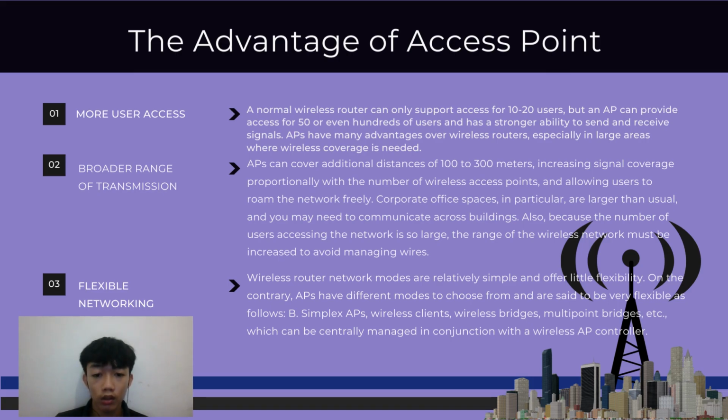Wireless router network modes are relatively simple and offer little flexibility. On the contrary, APs have different modes to choose from and are said to be very flexible, as follows: wireless client, wireless bridge, multi-point bridge, etc., which can be centrally managed in conjunction with a wireless AP controller.